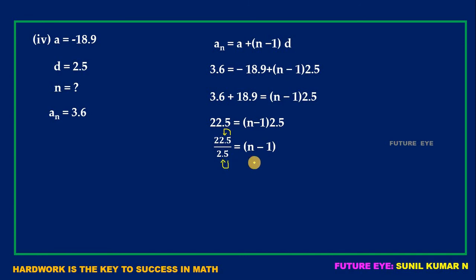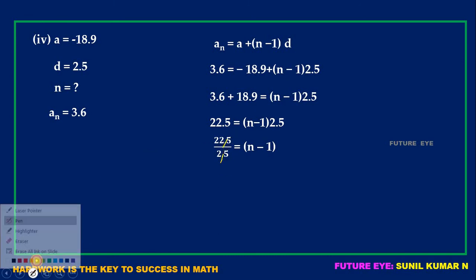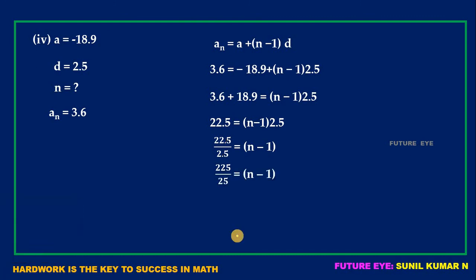When the numerator has the same number of digits after the point as the denominator, in that case, directly we can remove these decimal points. Now 2.5 has become 25 and 22.5 will become 225. That is the thing you wanted to understand.